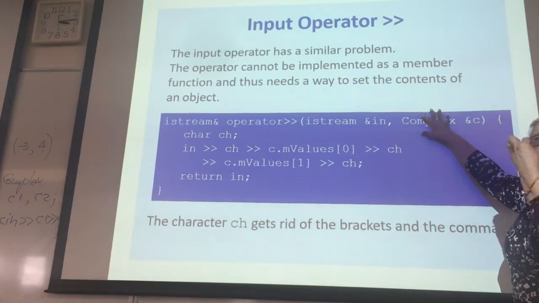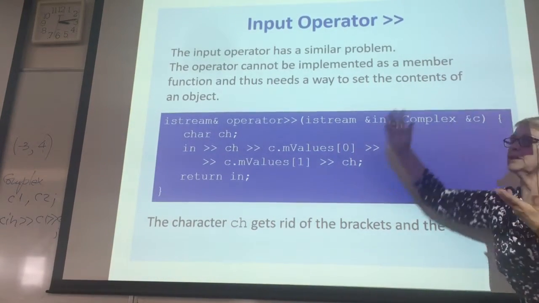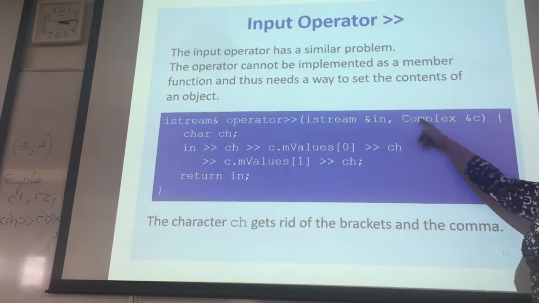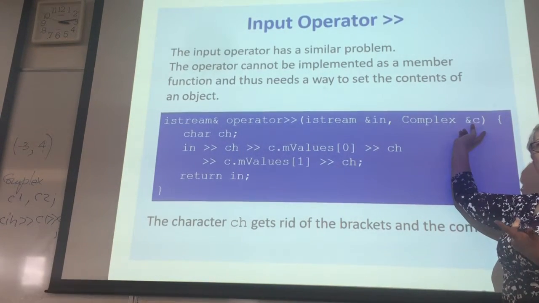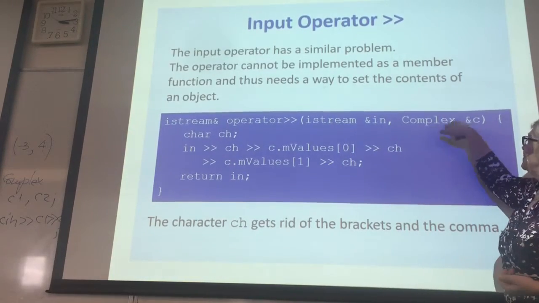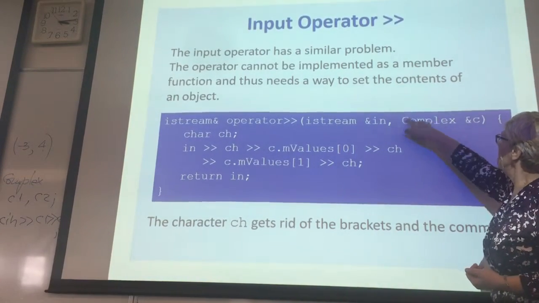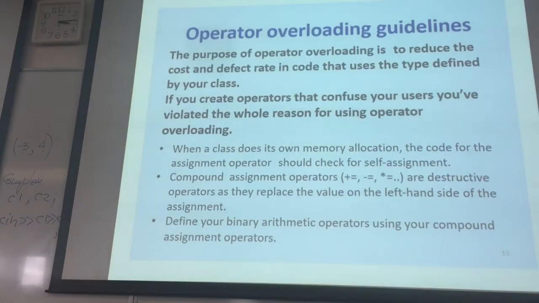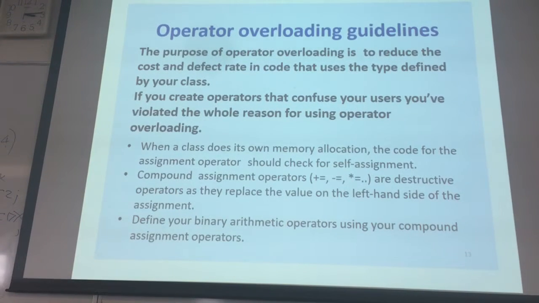The second is necessarily an object of the type you define. And that object is either a constant reference or a simple reference, depending on what you try to do. When you just display on the screen or a file, a constant reference is perfect because you don't change the object. But for reading data into C, we can't have it constant. We need it just by reference.